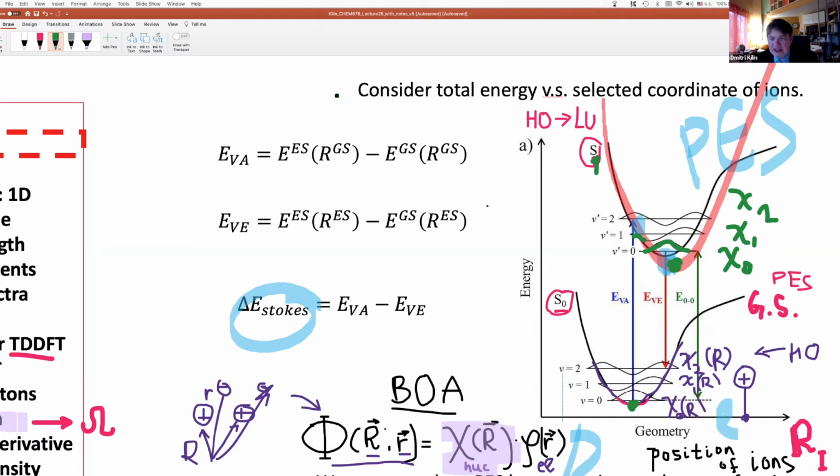Now, next question. I'll invite Lola to try answering it, and then we'll all discuss. So suppose we know the potential energy surfaces of the ground and excited state. Suppose the system is originally in the ground state, in the equilibrium of the ground state, in the lowest quantum state of the nuclear motion.